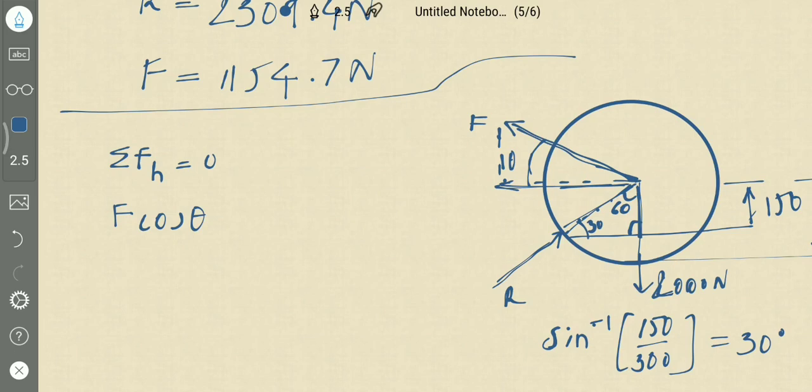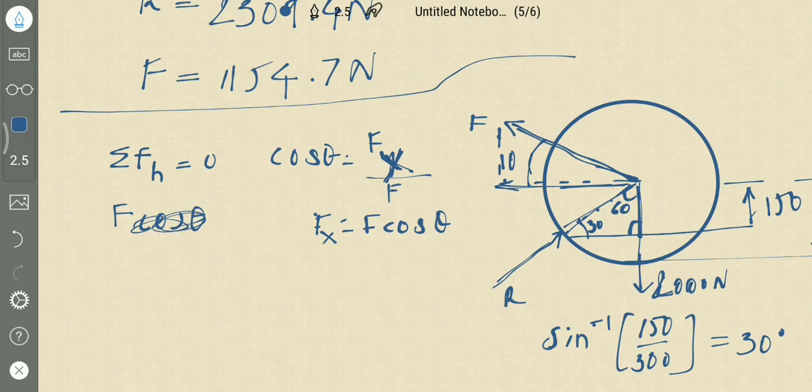This is theta, so cos theta is equal to the adjacent side, the horizontal component Fx, divided by the hypotenuse, which is F. This is X, horizontal component. Then Fx is equal to F into cos theta.